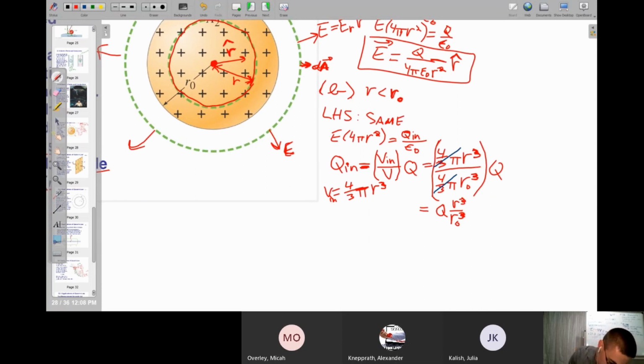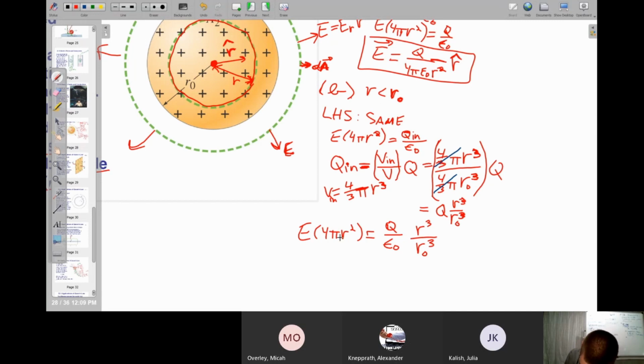Putting this into the right-hand side of my equation, I have E times 4 pi r squared on the left-hand side equals Q over epsilon naught times r to the third over r0 to the third.